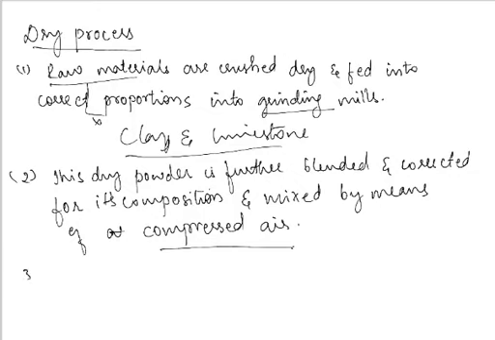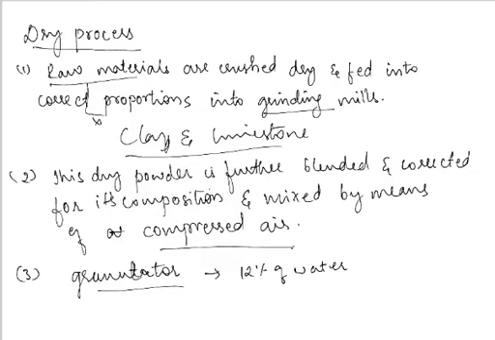Now the next step is the blended powder is fed into a rotating disc called a granulator. The blended mix is fed into the granulator, and then a quantity of 12% water is added.